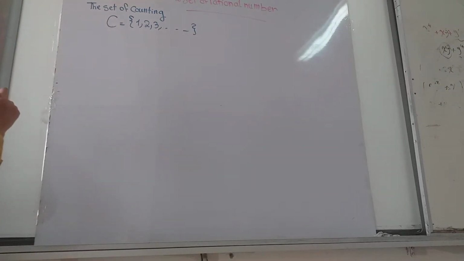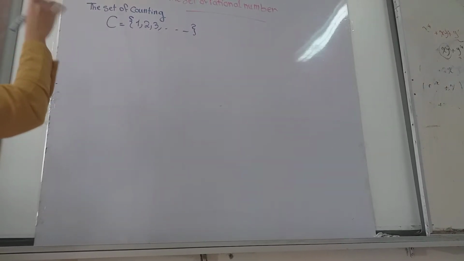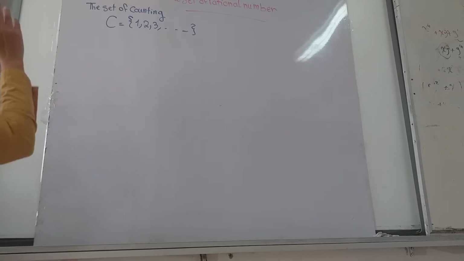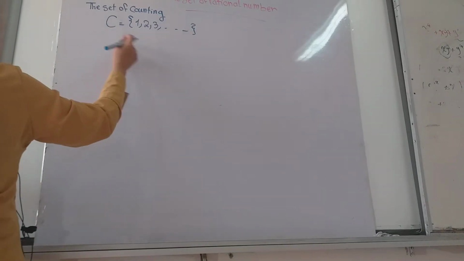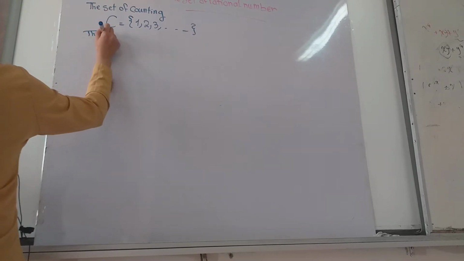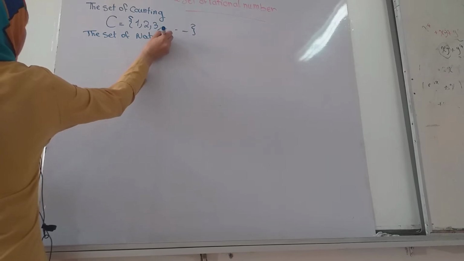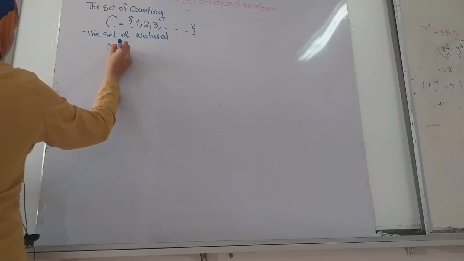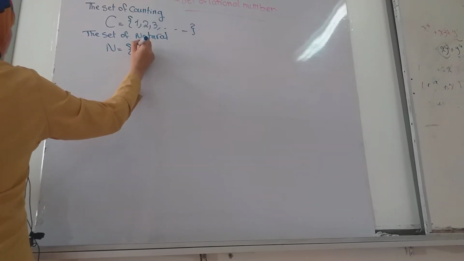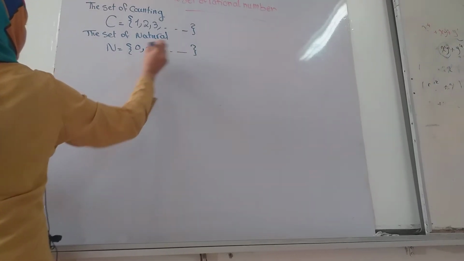After that, if we are at the C level, we can't move up or down, so we take 0. If we add 0 to the counting numbers, we get the set of natural numbers. Natural numbers N equals 0, 1, 2, and so on.